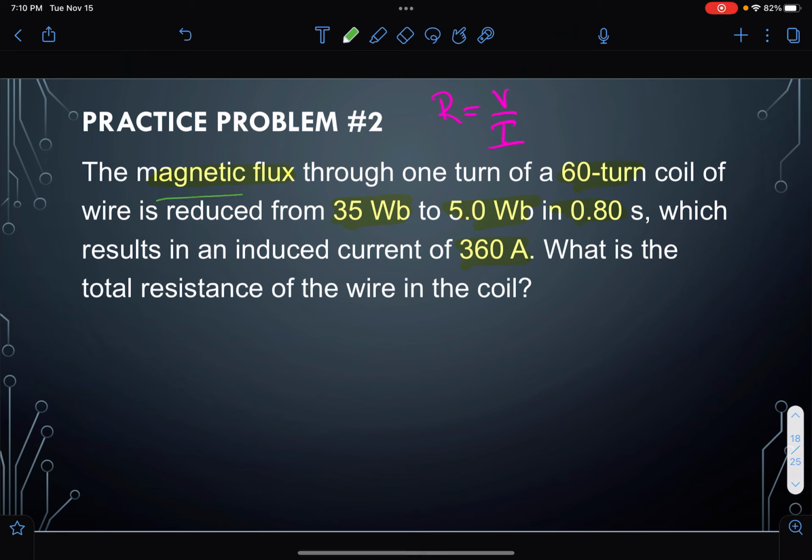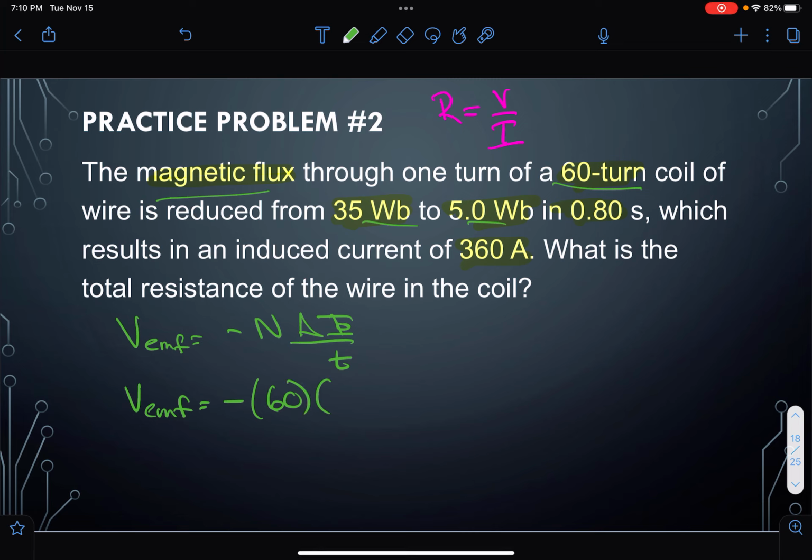Okay, so we're already given the flux in this situation, but we do have some turns here. So my EMF is going to be negative N times my change in flux over time, which is negative 60 times, I've got 30, whoops. It's always final minus initial, so 5 minus 35 divided by 8 seconds.